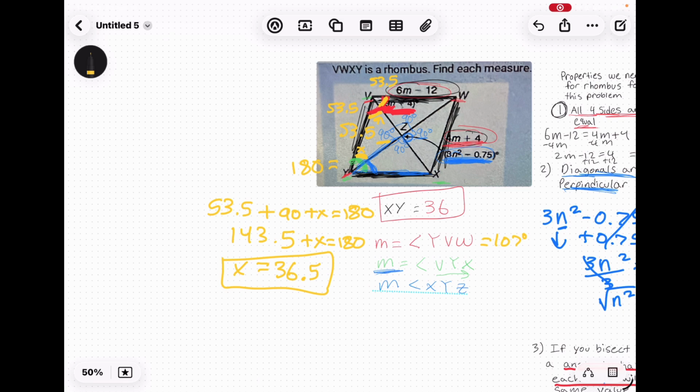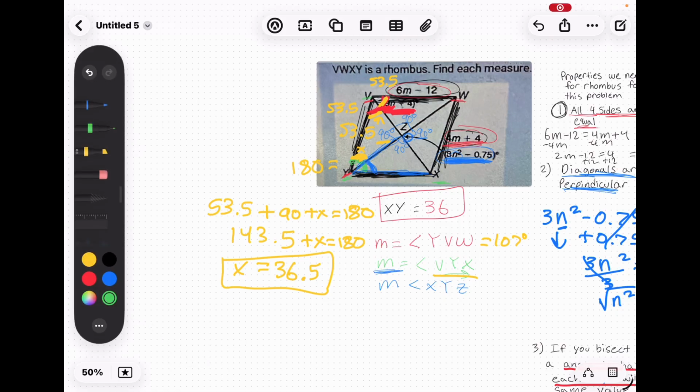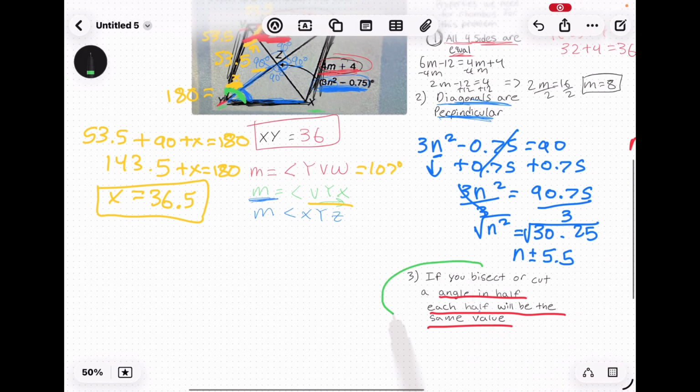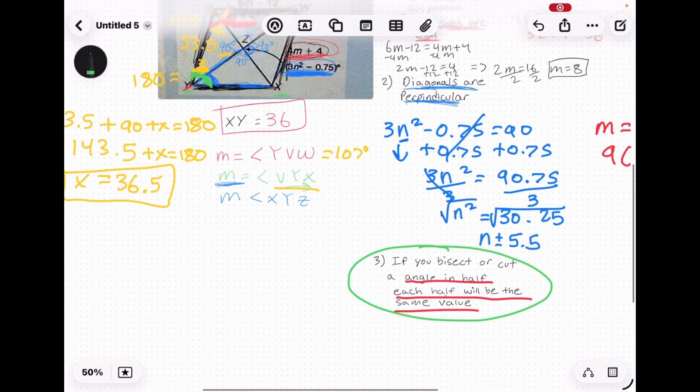And remember, that's just this half of it, right? This is 36.5. So angle VWX, that's asking for the whole thing, correct? It's asking for this entire thing. And we remember from this third property, if you bisect or cut an angle in half, each half will be the same value.